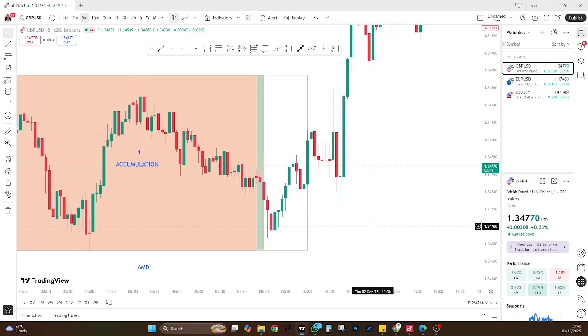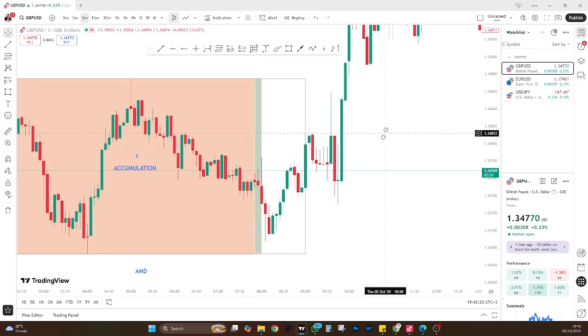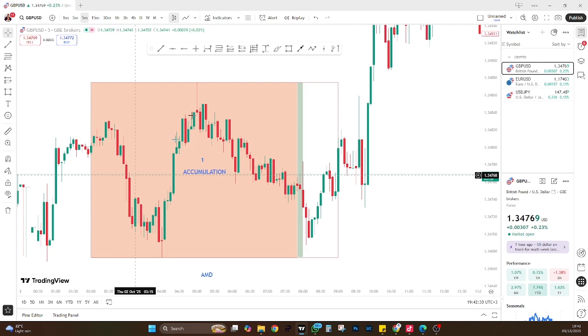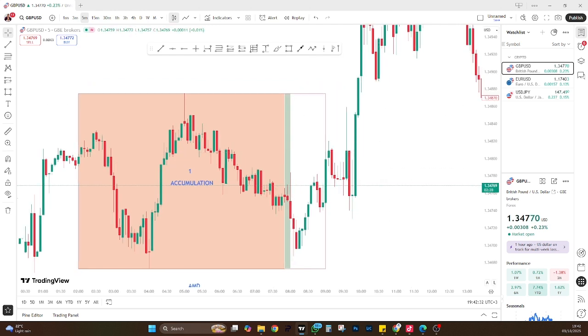Second thing, if the market did not take either of the sides at 8, you wait for the first side to be taken out after 9 a.m. Okay, actually this is better because I'll show you with this and today it played out very nicely. So you wait for the first side that will be taken out.